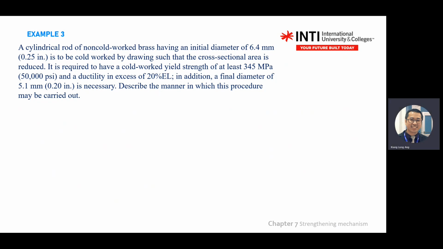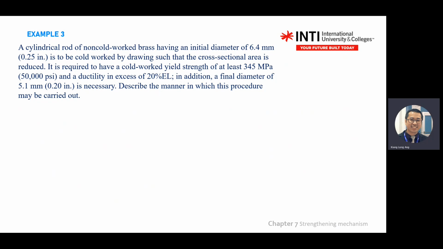When you see non-cold-worked or cold work, the question actually wants you to use the cold work equation: percentage of cold work equals original area minus deformed area, divided by original area, times 100%. The rod is to be cold worked by drawing, so the cross-sectional area is reduced.